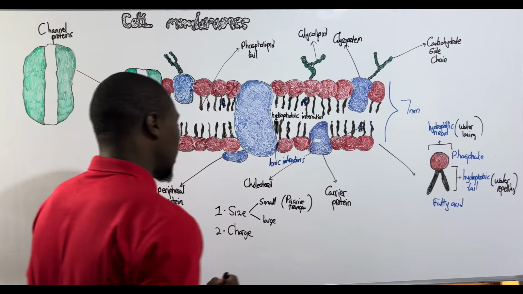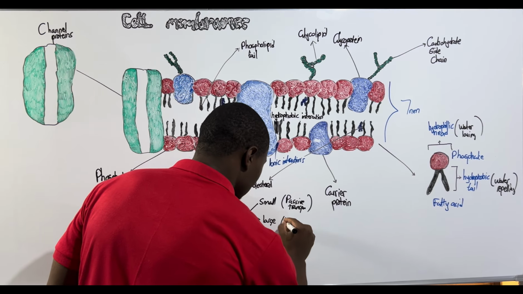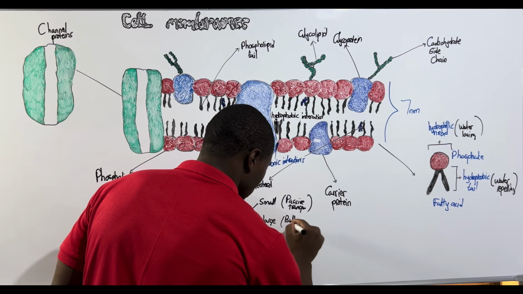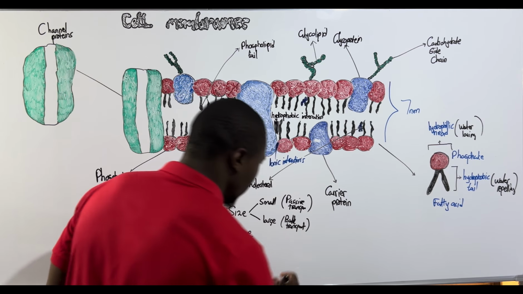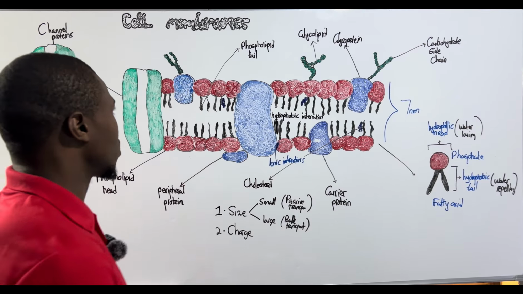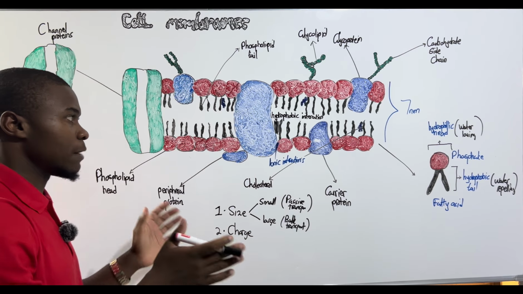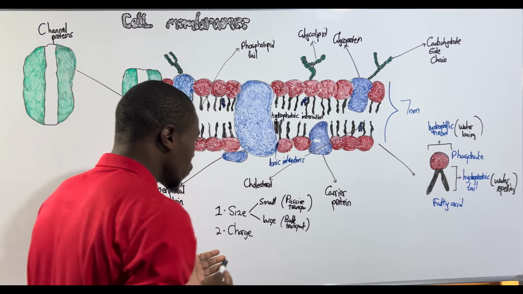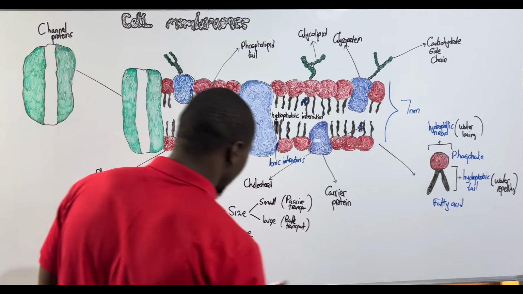And large molecules need bulk transport. They can't just pass. What is passive transport? Passive transport is just passing through the cell membrane freely, with no disturbance, no stoppage. And of course, the large molecules pass by bulk transport.